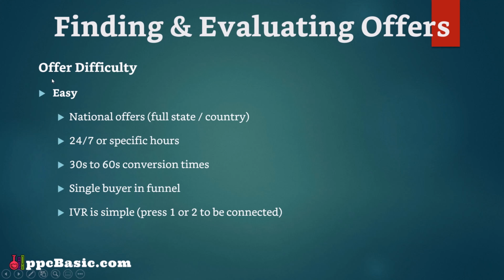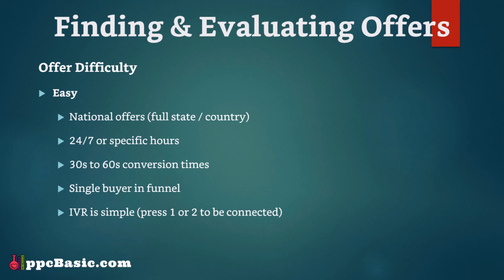So next up, we'll cover offer difficulty, and we'll start off with easy. The offers that are easiest to promote are typically the national offers that either have a list of states available and/or simply cover the entire country. For example, Dish TV covers the entire country. Some lawn care services cover the entire country.